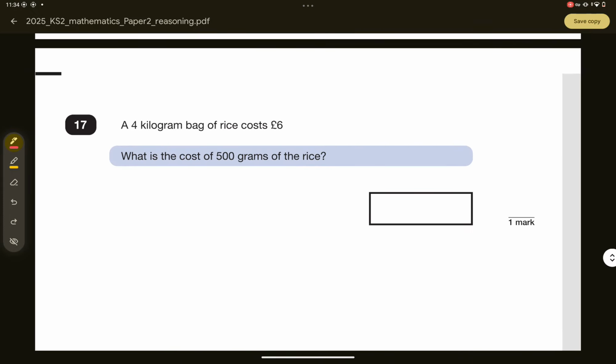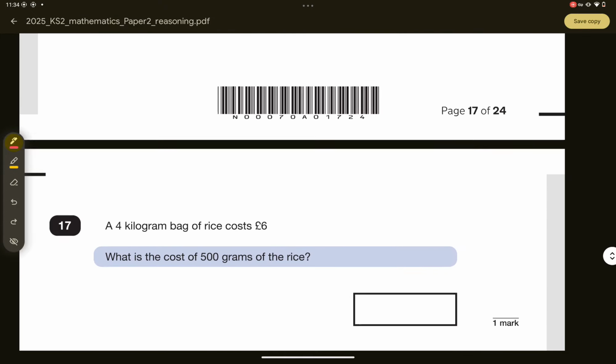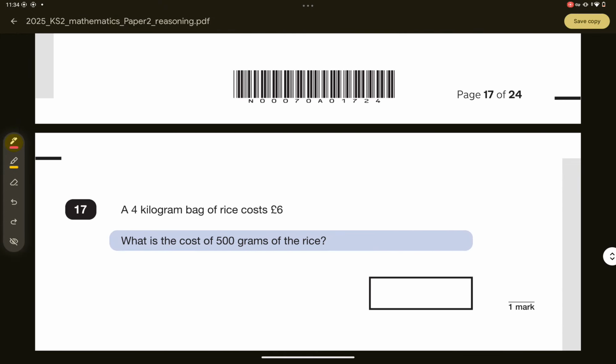A 4 kilogram bag of rice costs £6. What is the cost of 500 grams of the rice? So 4 kg equals 4,000 grams.